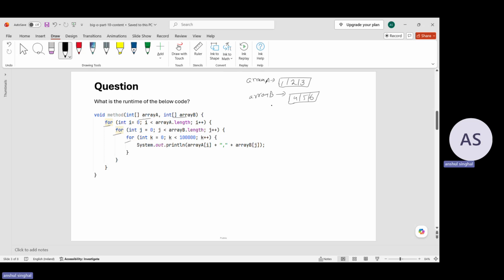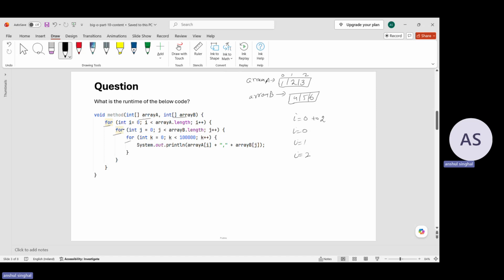So I just have two arrays. In the outermost for loop, I go one by one for each index 0, 1, 2. So i goes from 0 to 2: i is 0, i is 1, i is 2.